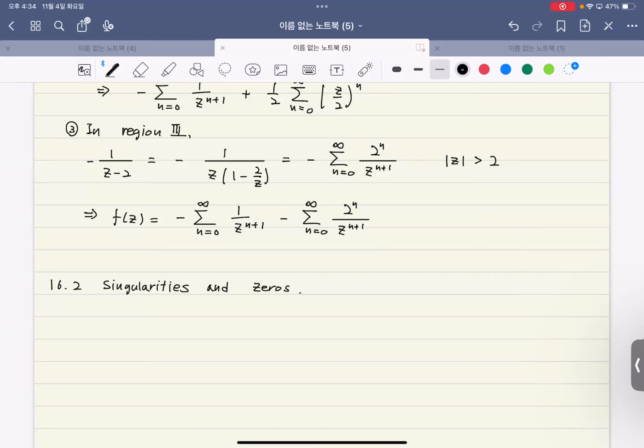And condition number 2 is that every deleted neighborhood of this point contains some point at which my function f is analytic. So this is the definition of the singularity.